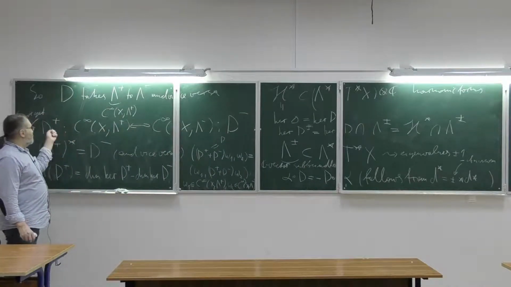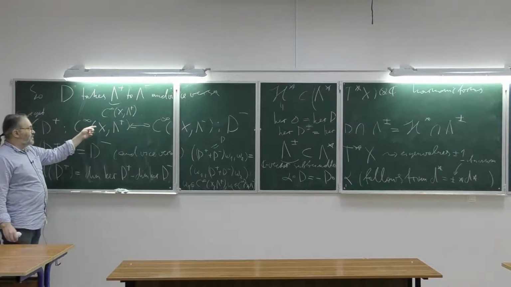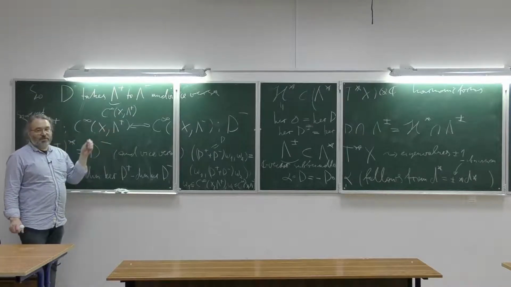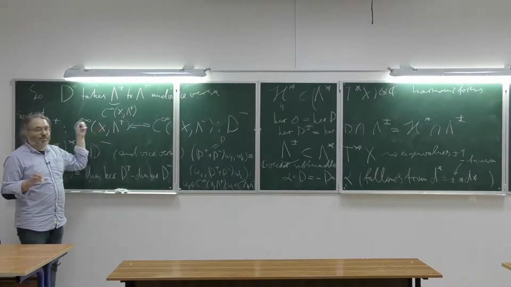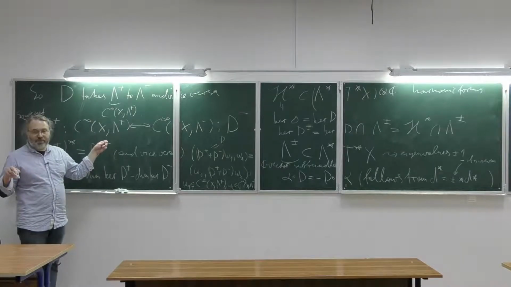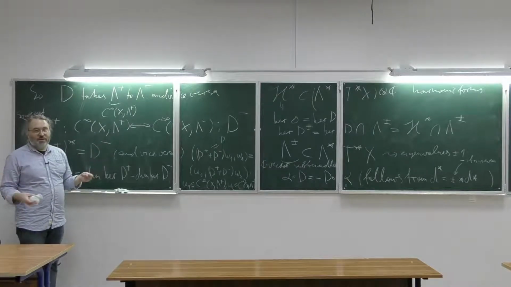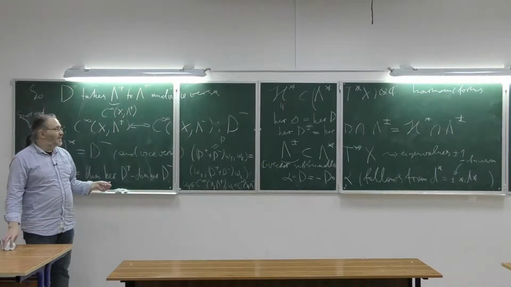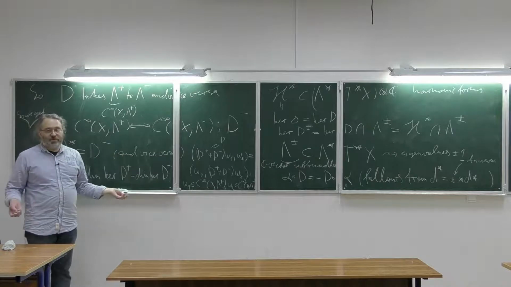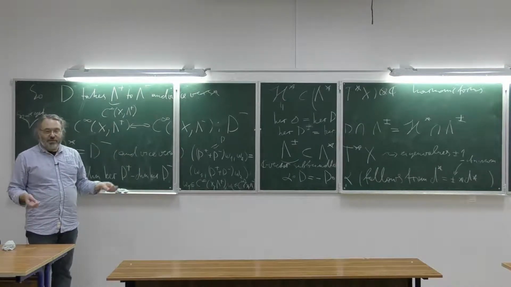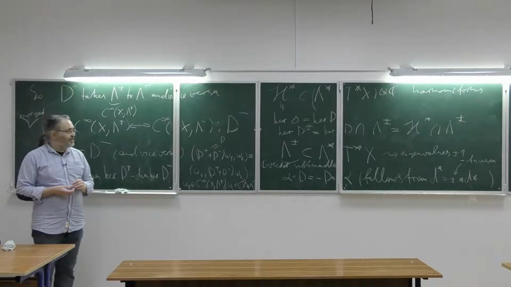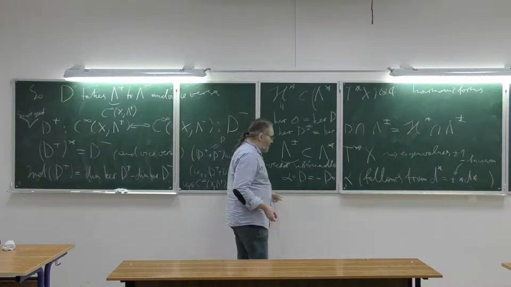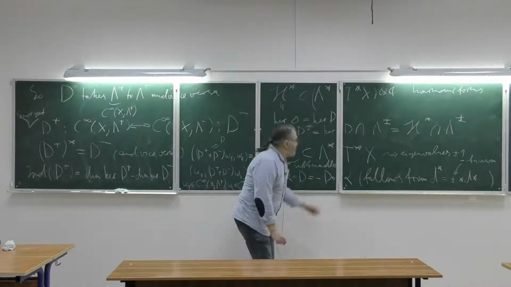Okay, so we have d plus, which transforms sections of this subbundle of the exterior algebra of T star of X to this subbundle. And we have d minus, which is the adjoint operator and which goes in the opposite direction. Okay, now does this formula make sense now?